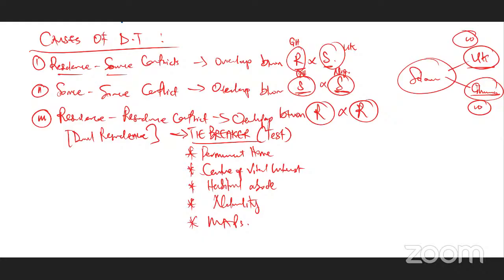But for companies, assuming 2 companies, let's say a company is incorporated in Ghana, but it has its management and control in the UK, or it is listed on the UK Stock Exchange, then that means it is resident in 2 states. So the tiebreaker test, which we are going to use for companies, is now on a case-by-case basis. From 2017, it is on a case-by-case basis, considering all the circumstances, right? Under a mutual agreement procedure.